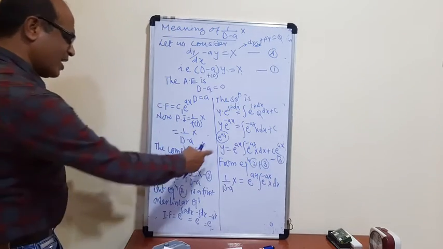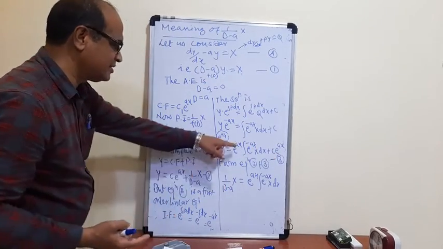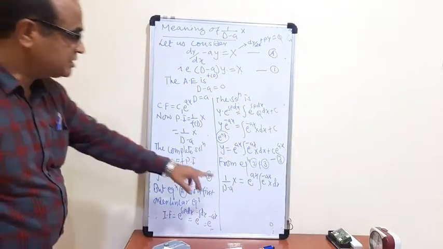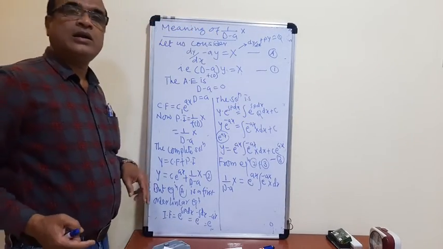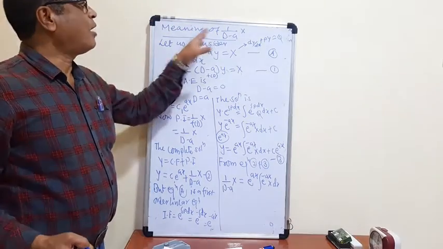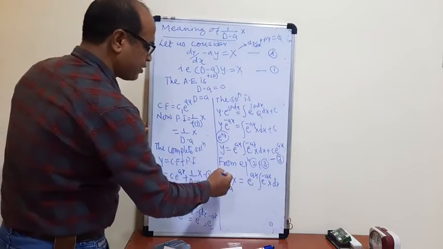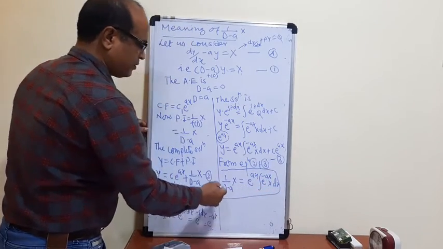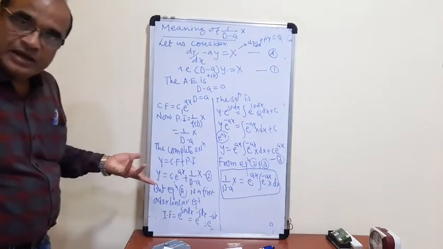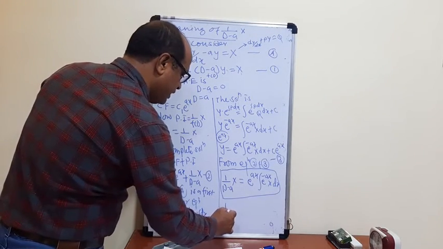So y is here, and this equal to this we write here. This is the meaning of 1 upon D minus a operating on x. This is a very important formula here.